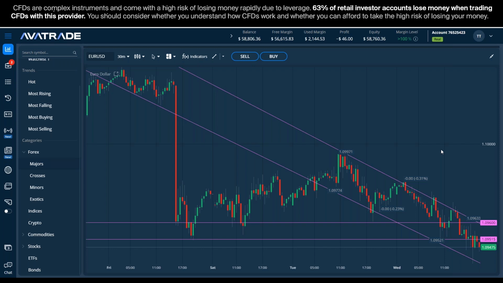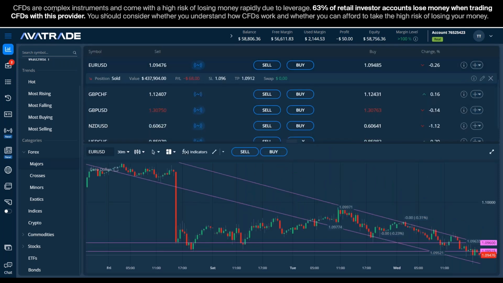Okay, to find opportunistic entry points in the direction that you already feel like you should trade based on the fundamental news. So the technical analysis is important for finding entry points, exit points, where are the support levels, which direction is the trend, and you hope to find that moving in the direction that you already feel maybe you should be trading based on maybe the most recent headlines and fundamental news as well.